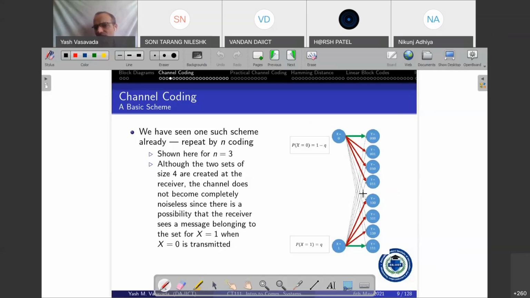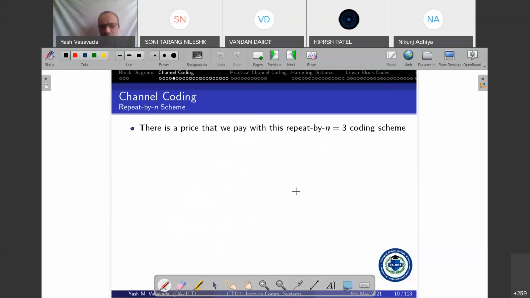That's why I have drawn these thin gray lines. But hopefully the probabilities corresponding to these gray lines are much smaller than the actual P of the binary symmetric channel. And so therefore you get improvement in terms of bit error rate or in terms of probability of making error.